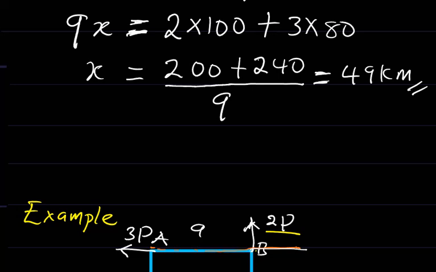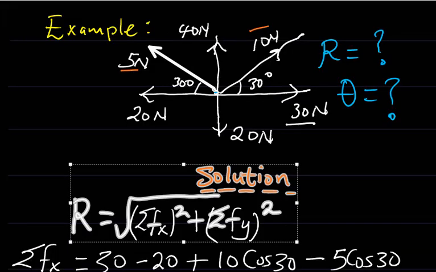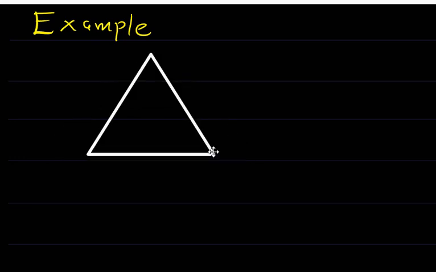Now there's another question right here. Let me see if I got a space to solve this. Okay, so that's another example. This time around, there's a triangle. I have a force acting in this direction.